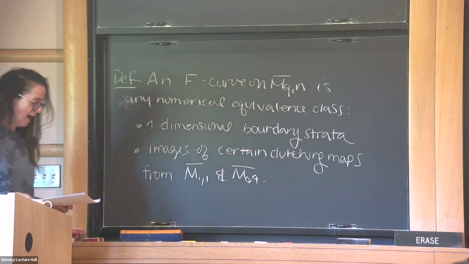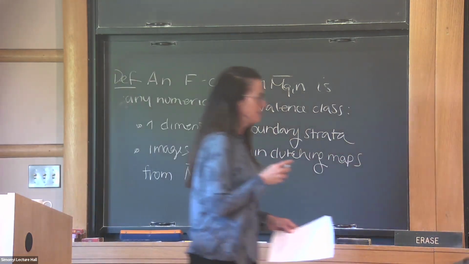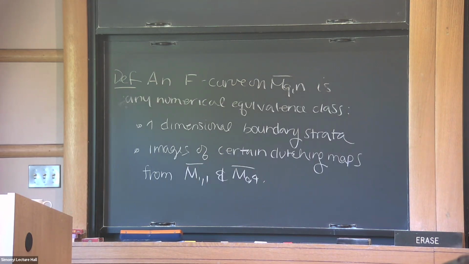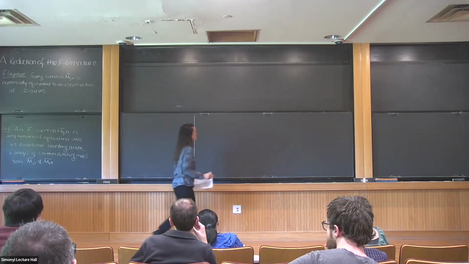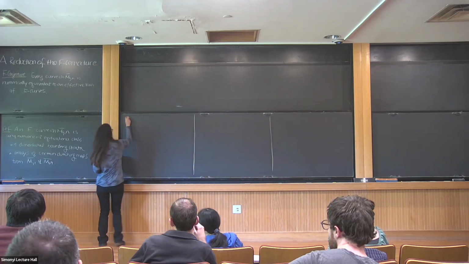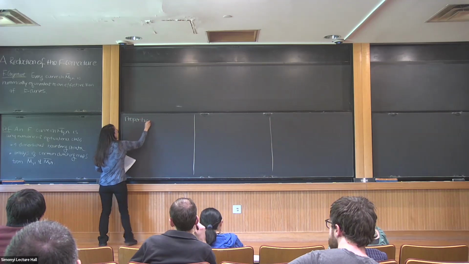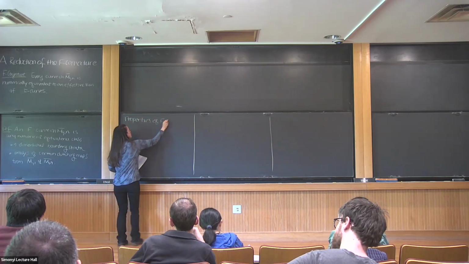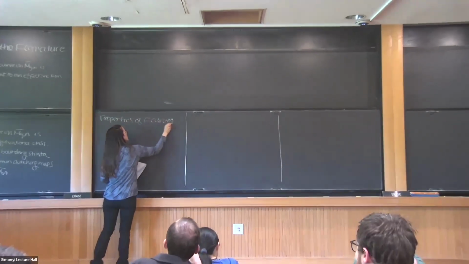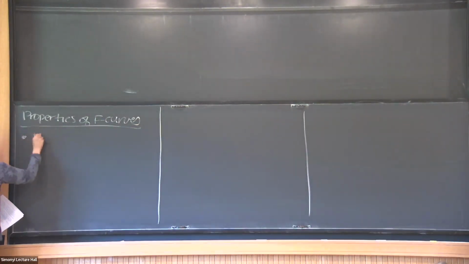Okay, I'm going to give some examples shortly, but I want to just point out some properties of the F curves for a moment. Properties that are interesting for me: first, there are only finitely many of these.